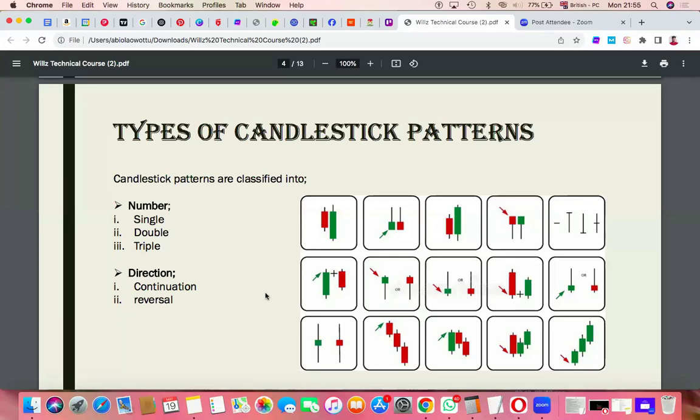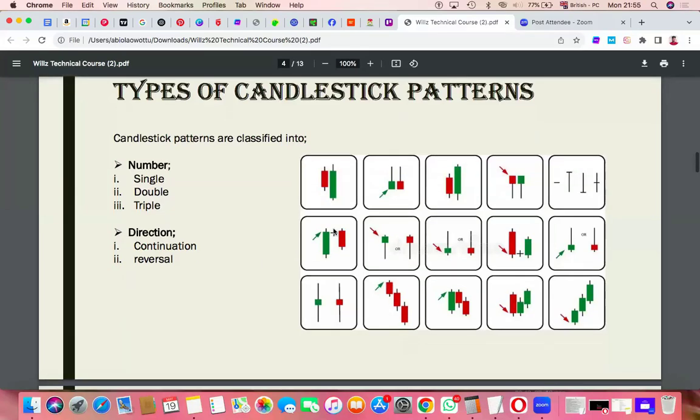They can indicate directions. You can see we have these double patterns here, we have this one which is triple, and this is single. Those are the same thing, but they are single. So if you see this on our chart, it still identifies something to you.